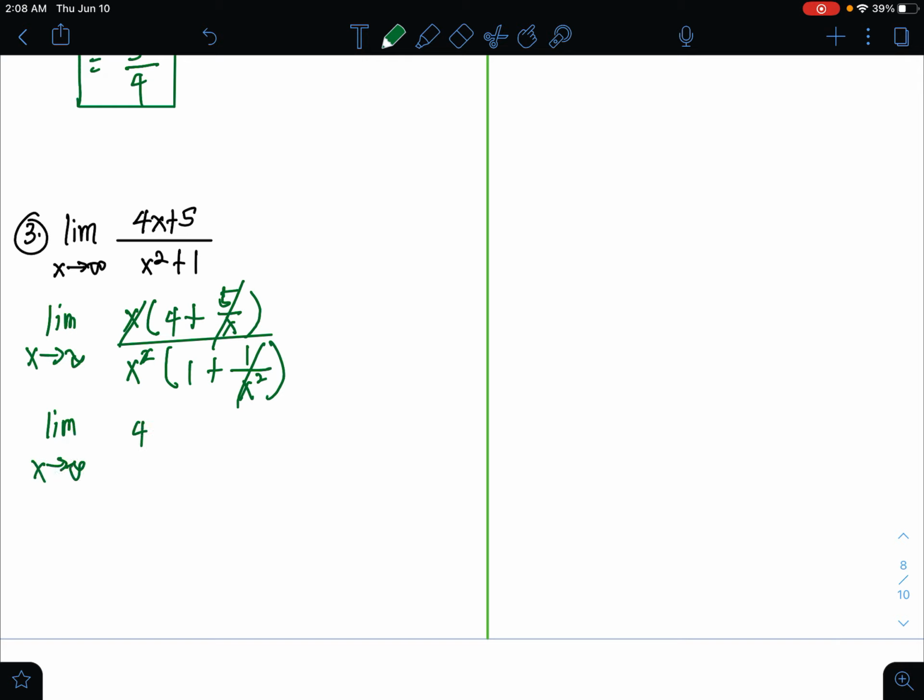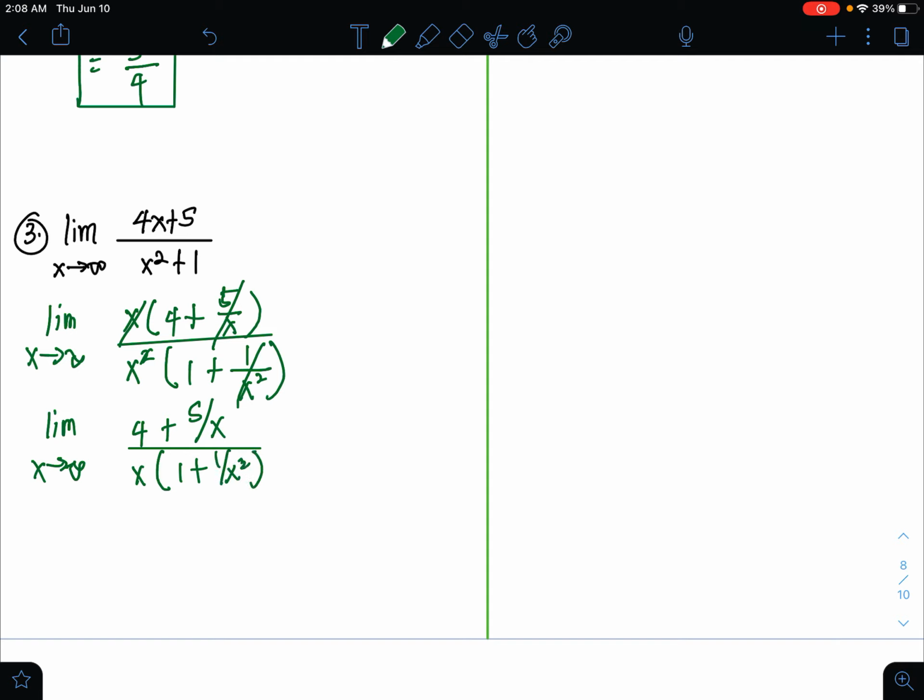So, that's 4. Sige. Zero naman, ano na to. Sige. Gisulat naman ako as x approaches infinity. So, 4 plus 5 over x, over x times 1 plus 1 over x squared.